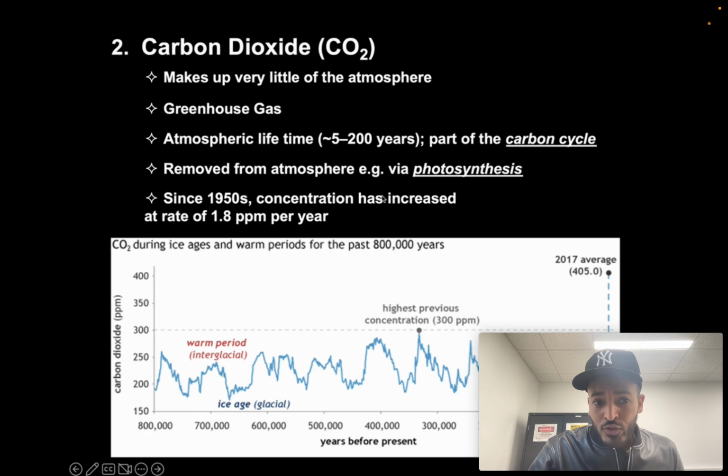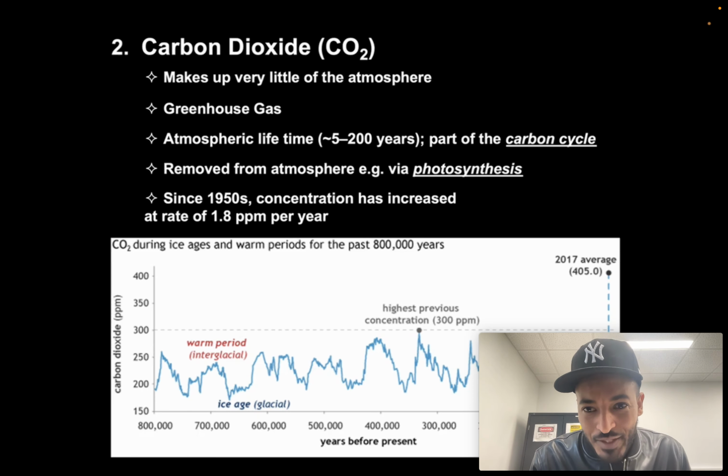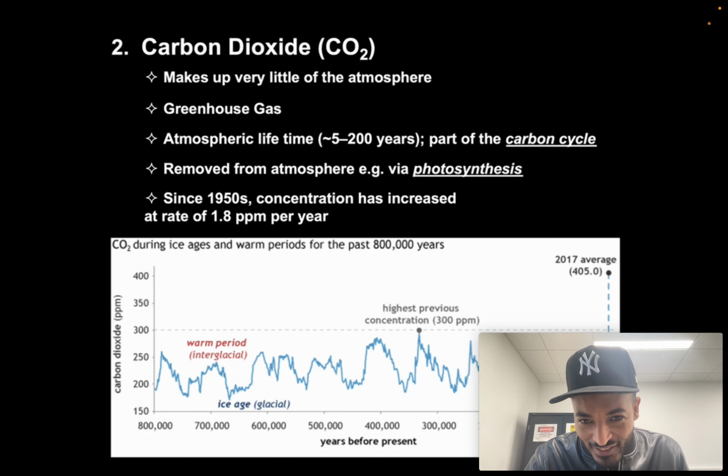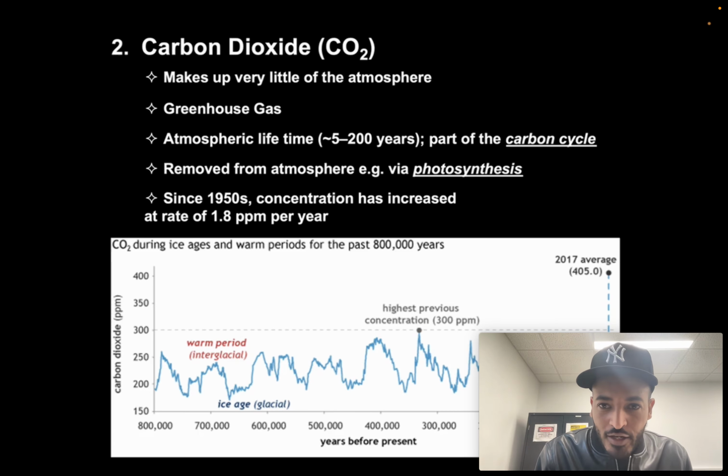And so since the 1950s, the concentration of carbon dioxide is increasing by roughly 1.8 ppm. This is like we have never seen anything like this. And that is why we usually put more emphasis on carbon dioxide.